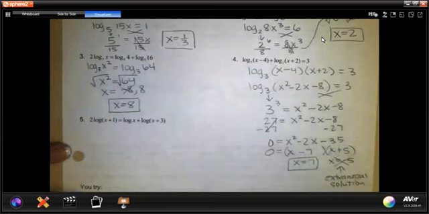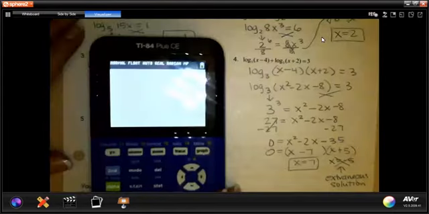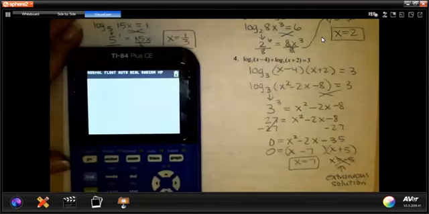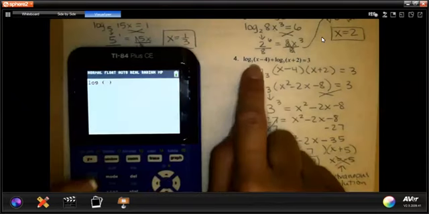You would not want to put that solution down on your test because that one does not work. I will go ahead and put it in the calculator here so that you can see that the calculator also tells you it does not work. So if we put in our log base here, and I'm going to put in this original equation with that answer.